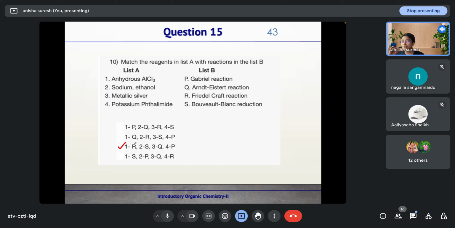From the first option itself it is clear. Anhydrous AlCl3, Friedel-Crafts reaction. So this is the right match, and none of the other options have it as a match to R. So we can confirm from this only, and we can see what reagents are used in other reactions.